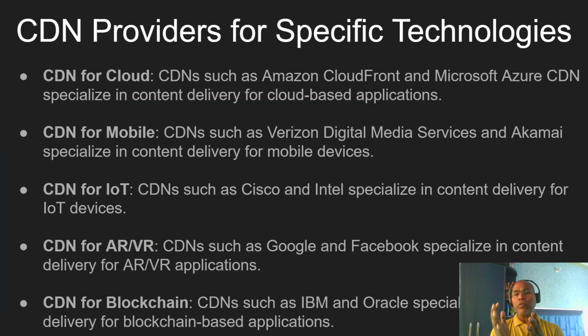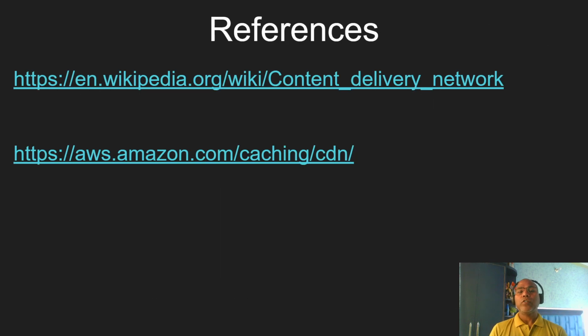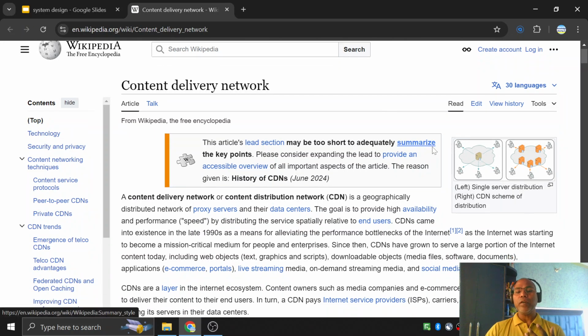So depending upon your technology, your use case, your industry, and your choice of open source or non-open source, you have to select your CDN. There are lots of content delivery networks available, and you can just explore and read about them.